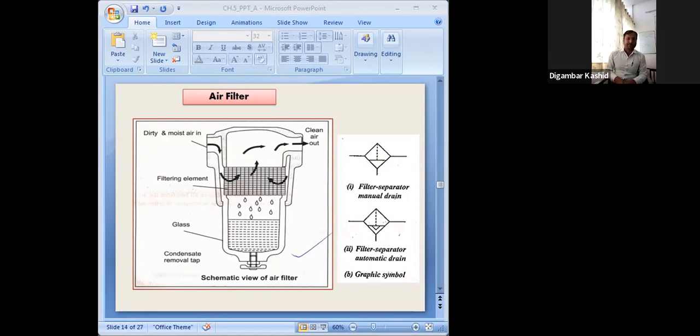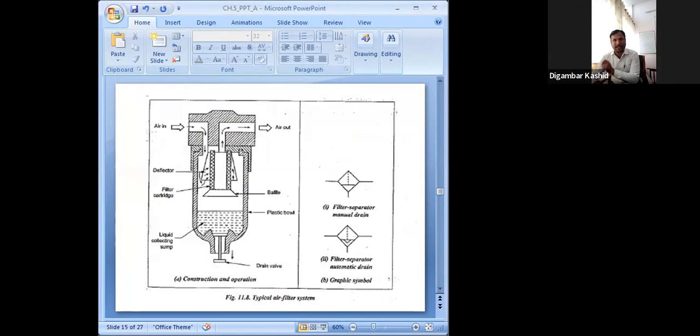Okay, now come to our diagram. I will explain with this one. So here is the construction and operation of a typical cartridge type air filter system.